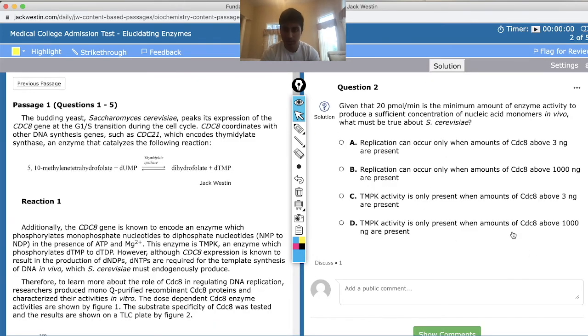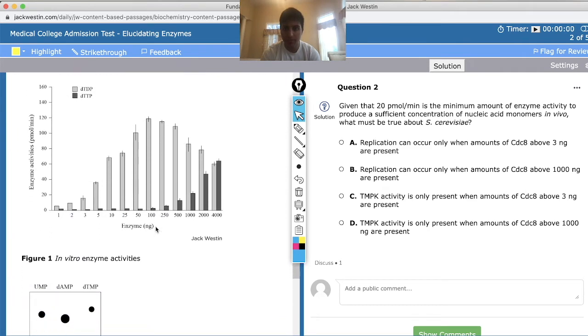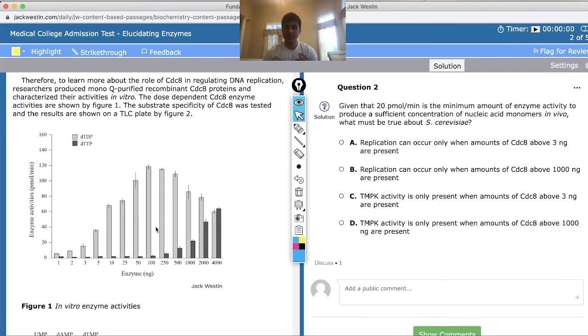Given that 20 picomoles per minute is the minimum amount of enzyme activity to produce a sufficient concentration of nucleic acid monomers in vivo, what must be true about S. cerevisiae? So nucleic acid monomers, these are going to be our nucleotides. That's just another word for nucleotide. So remember, we need the nucleotide triphosphates for us to do DNA replication.